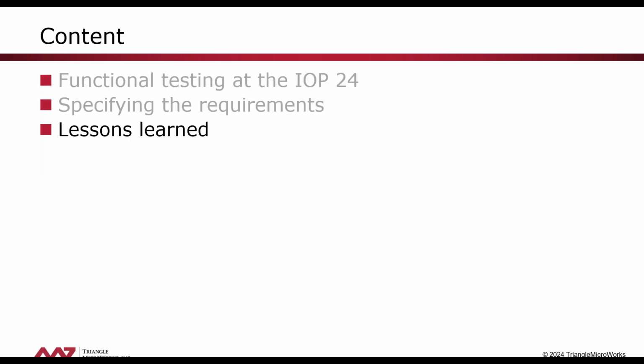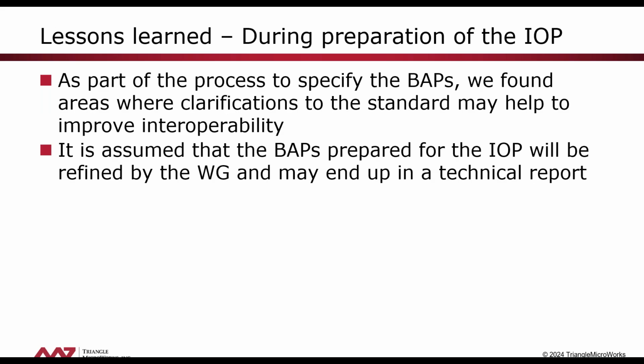Okay, so that was the specification, and now I want to finalize with a few lessons learned. During the preparation of the IOP, as part of the process to specify the BAP, we found a couple of areas where we identified that clarifications to the standard are needed, which basically will go into the working group 10 to get clarifications there.